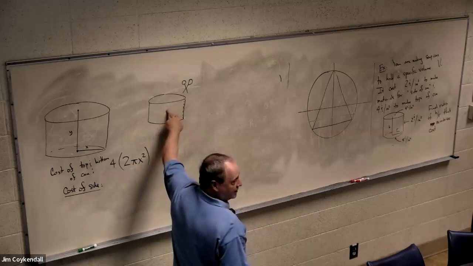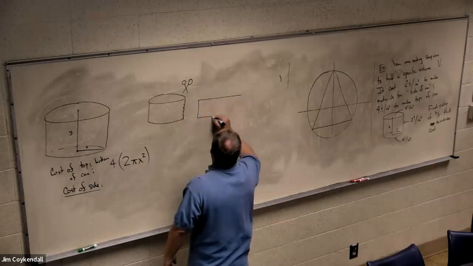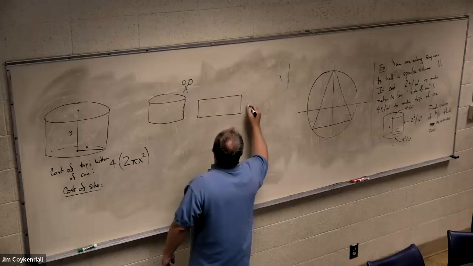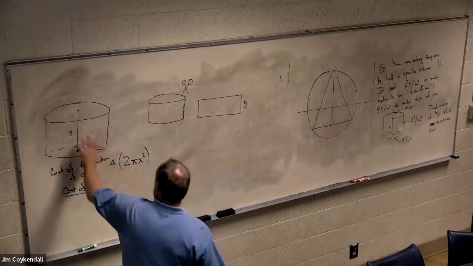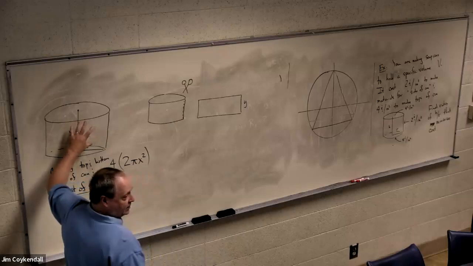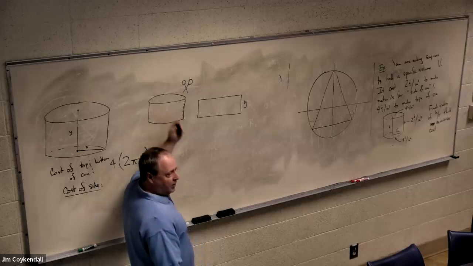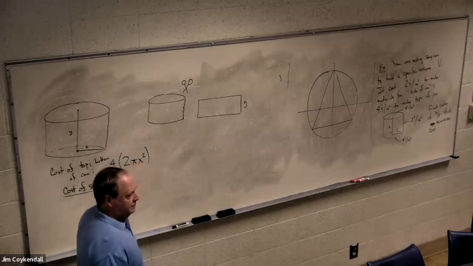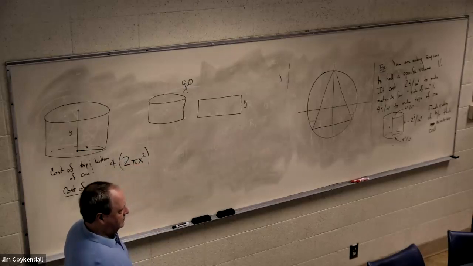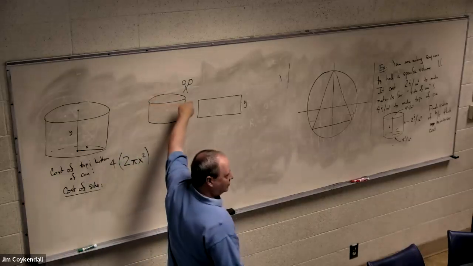What does this look like? The height of this rectangle is Y, because that's the height of the can. What's the width of this rectangle? It's the unrolled length, which should be the same as the circumference of the circle. You agree with that?